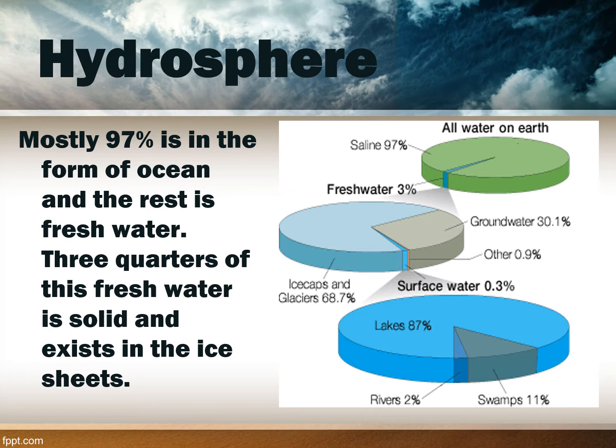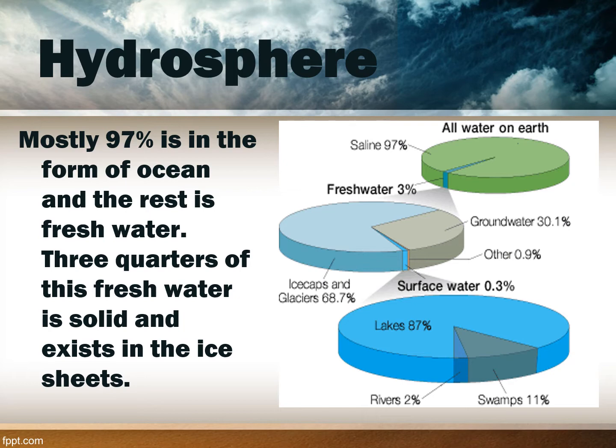If you would notice in this slide, there's just a little part of fresh water that we are able to use for drinking and for usage, and those are now your groundwater, because part of this fresh water is encapsulated in ice caps and glaciers.